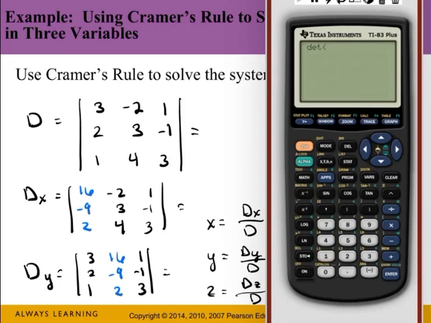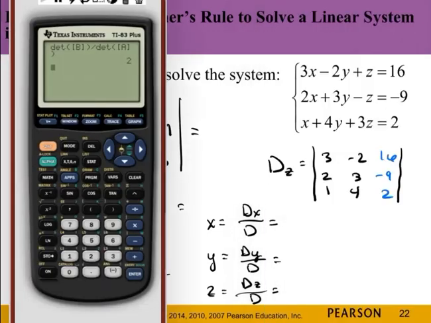So we want number 1, we want the determinant of dx, which is our b, divided by the determinant of a, which is d. Okay, so that should give us the result of x. That's promising. That it's a simple number. It's not always a simple number like that, but that's a good omen, right?